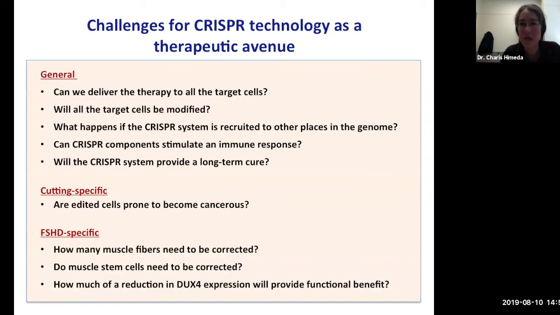Because you can envision correcting the actual differentiated muscle cells that make up your fibers, like in your biceps. And that might be good enough because the cells don't turn over very often. Really, the only time you damage muscle is in response to exercise or disease. So it might be enough. We might not have to target muscle satellite cells, but we don't know that. And there's no way really to know until we try. Right.